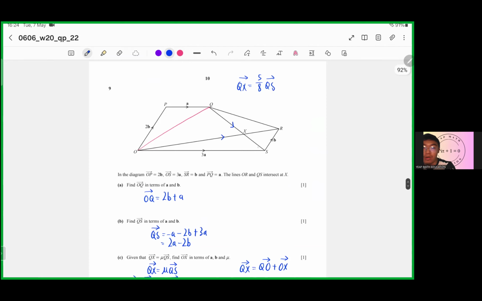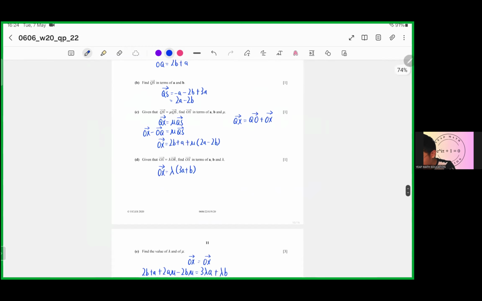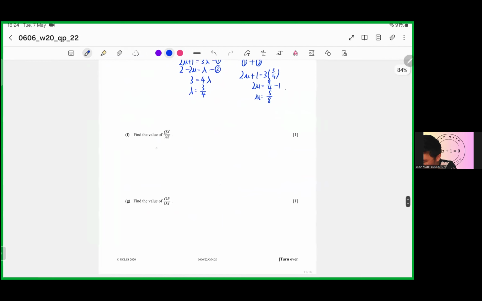So it means QS has 8 parts. For QX, we just take 5. This is 3. So QX over XS equals 5/3.